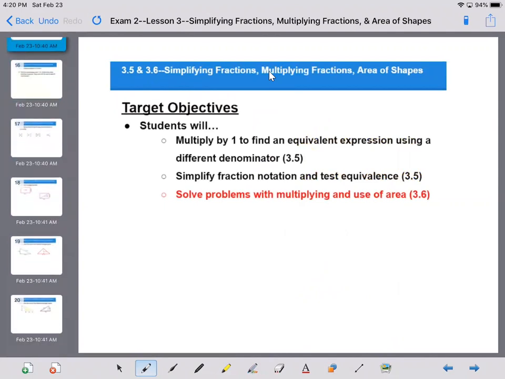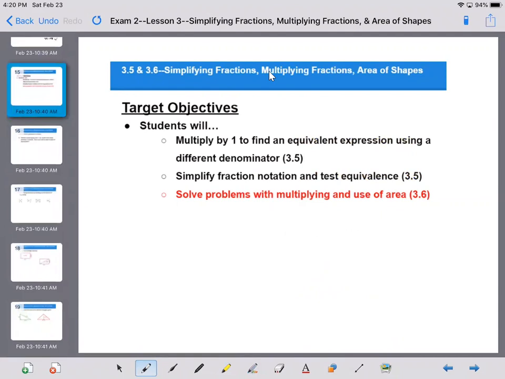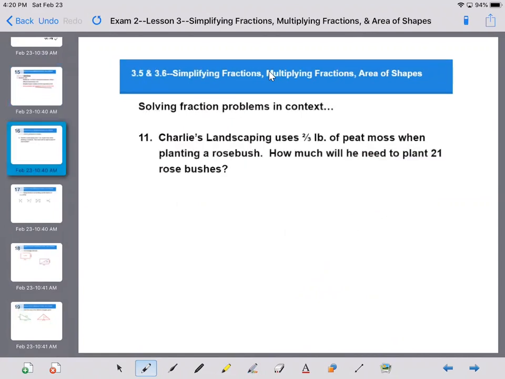So next we want to look at solving problems multiplying using area. So Charlie's Landscaping uses 2/3 pounds of peat moss when planting a rose bush. So that would be 2/3, think about 2/3 per one bush.